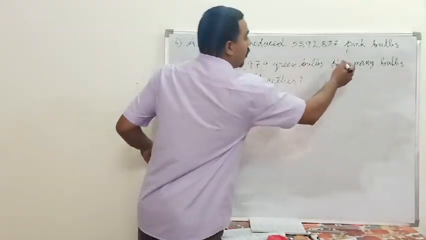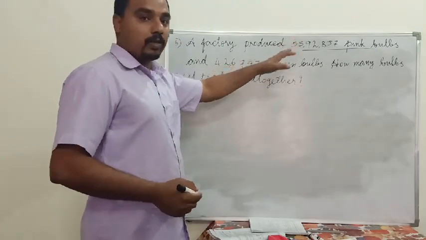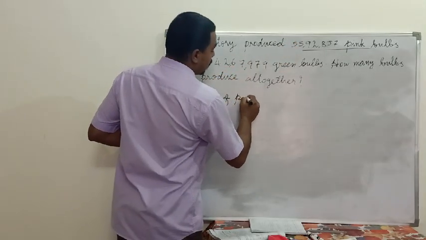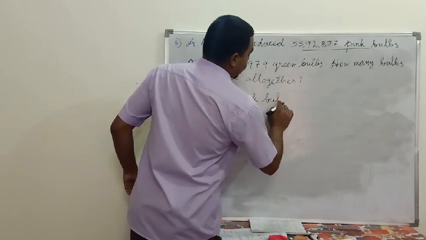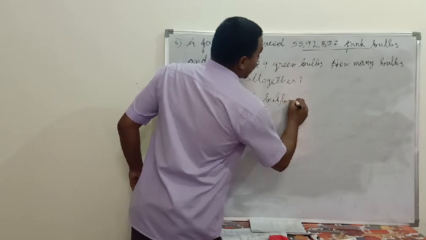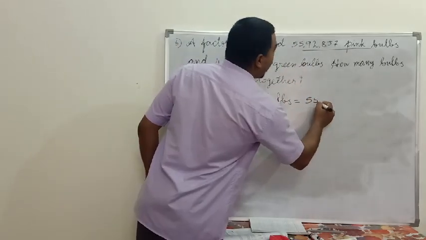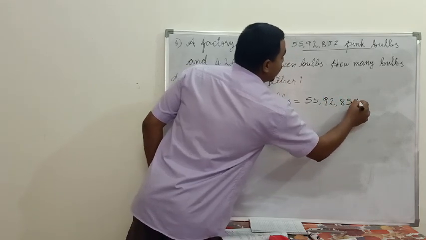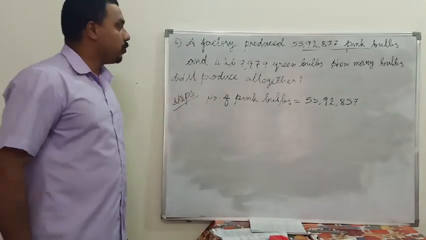Then you will get the steps. Here, pink bulbs. We need to find out the number of pink bulbs. Is it or not? Number of pink bulbs is equal to how many? How many pink bulbs are there? 55 lakh 92,857. So what is the next step?